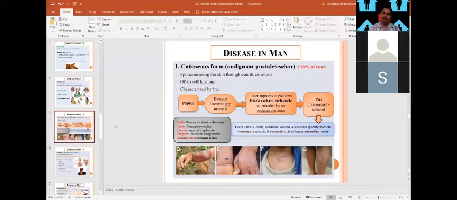This disease is generally self-limiting, but when it occurs it is characterized by certain lesions: formation of papules, then a necrotic area, then development of black scars or carbuncles surrounded by an edematous zone or swelling, and finally pus may arise due to secondary bacterial infection.